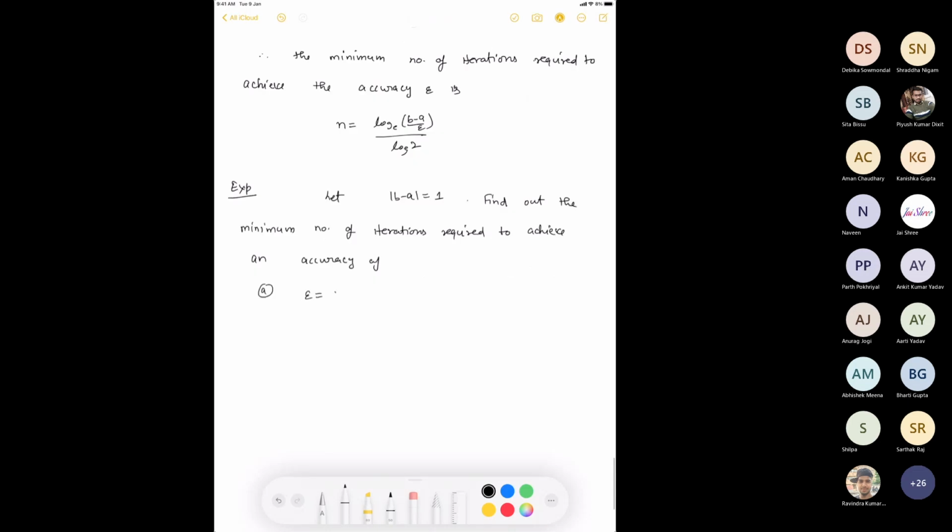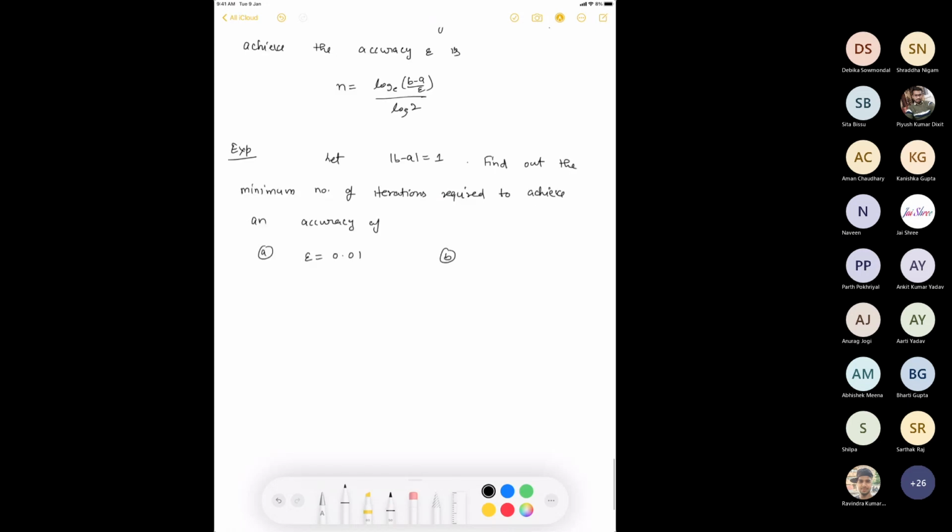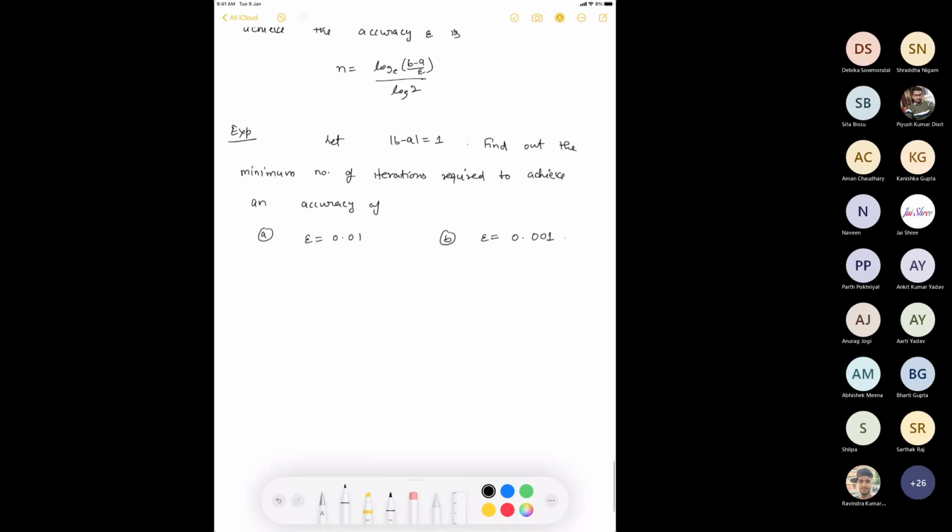Say epsilon is equal to 0.01. One I will do, and one you can take as an exercise, and then epsilon is equal to 0.001. Okay, so let me do it for epsilon equal to 0.01.